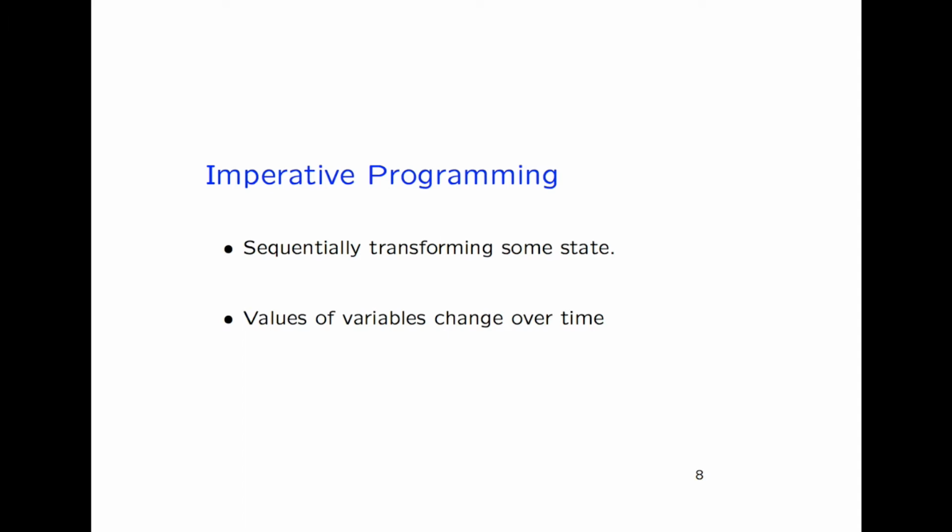What this means is we maintain some kind of data in main memory in the form of variables, and step by step we are transforming that data that forms some kind of domain model, some state. So in other words, the values of variables are changing over time. That's been a typical model of programming for more than 20, more than 30 years.